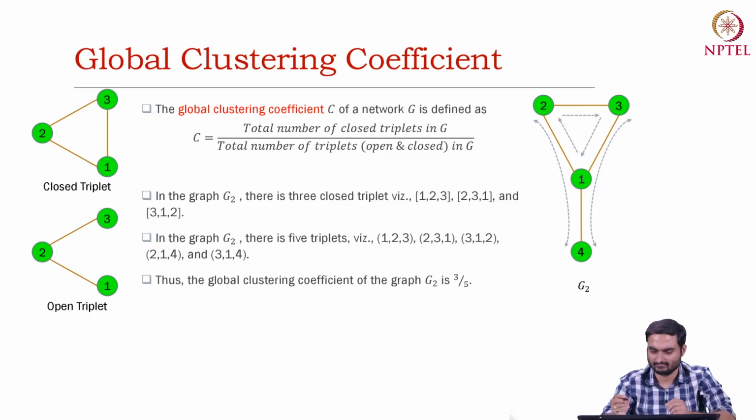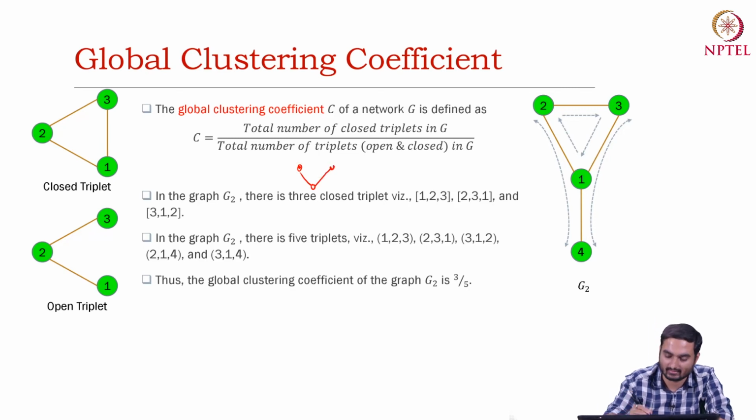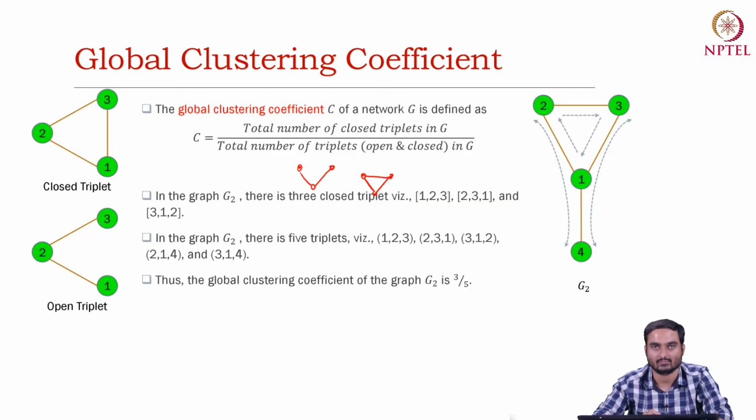Another way is we look at something called a triplet. What is a triplet? A triplet is a substructure with 3 nodes. This is a triplet. This can also be a triplet. It's a motif. And these 2 triplets are different. Why?